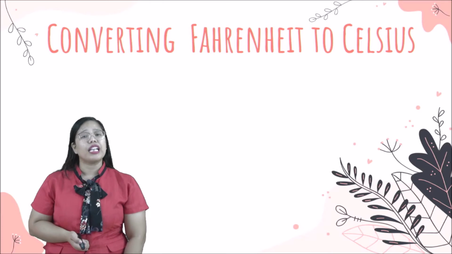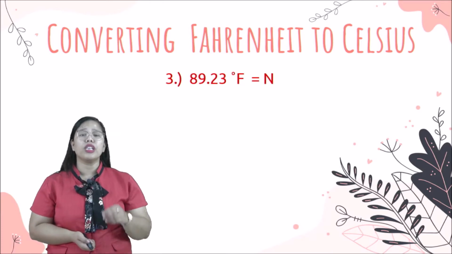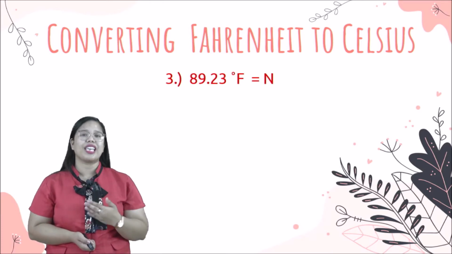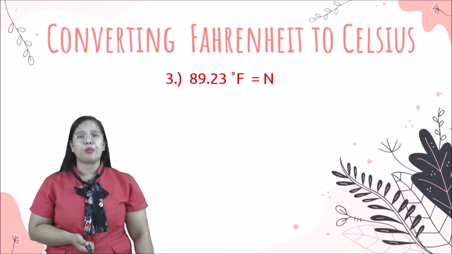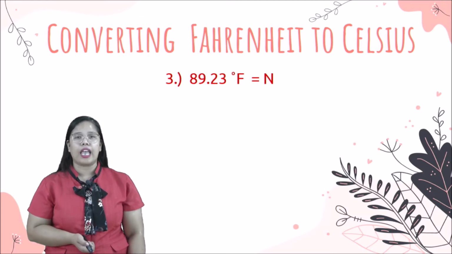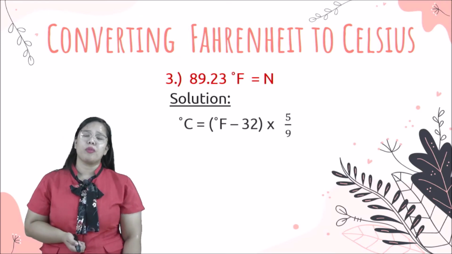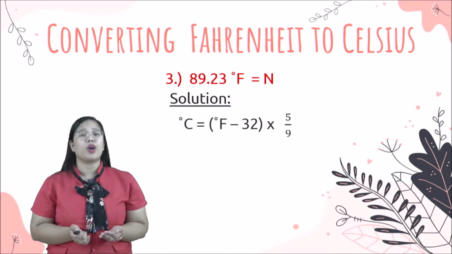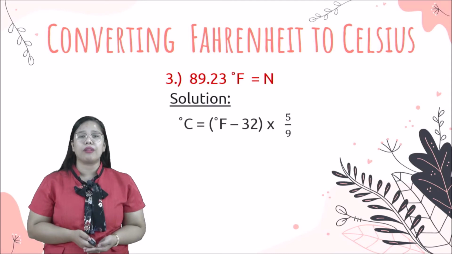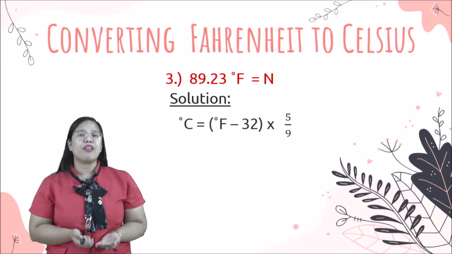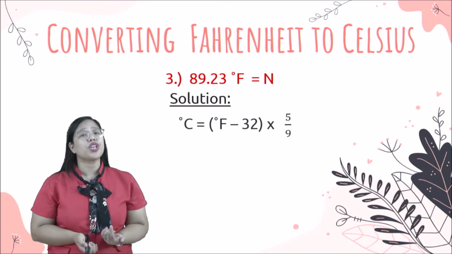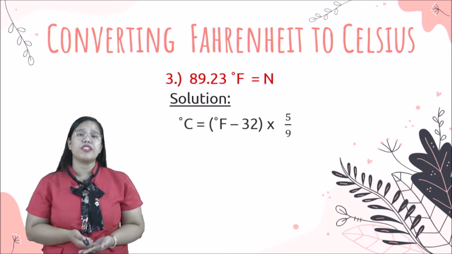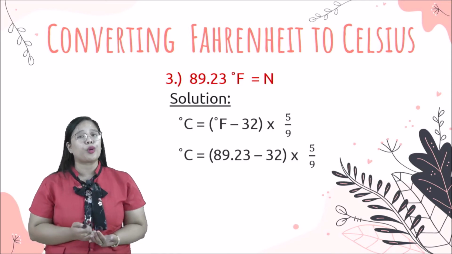So for the last example, in converting Fahrenheit to degrees Celsius, kids, we have 89.23 degrees Fahrenheit. So again, our formula, grade 5, we have degrees Celsius equals the quantity of degrees Fahrenheit minus 32 times 5 over 9. We will substitute the value of degrees Fahrenheit, which is 89.23.